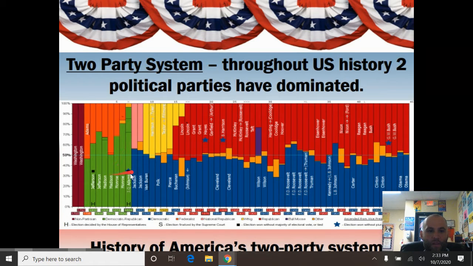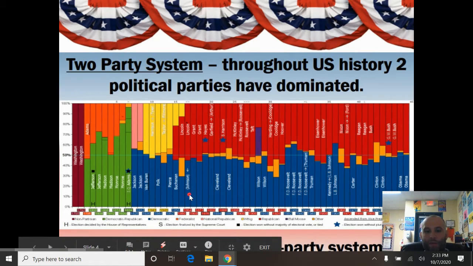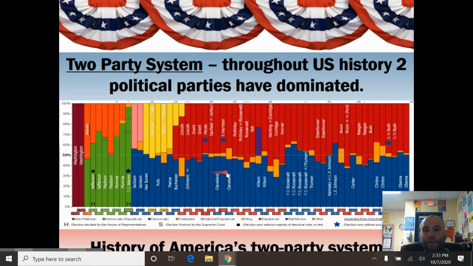This is the Democratic Republican Party. This is the Federalist Party. So there have been different political parties throughout our history, but it's been the Democrats and Republicans since 1868. The yellow there is represented by third parties. You can see there's some years where third parties get a big portion of the vote, but most years third parties, the orange there, get very little portion of the vote. So we do have a two-party system.